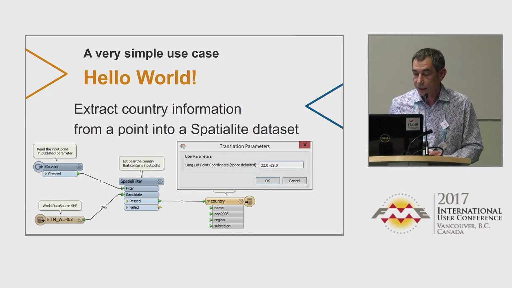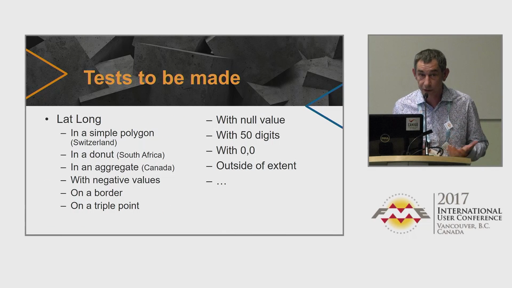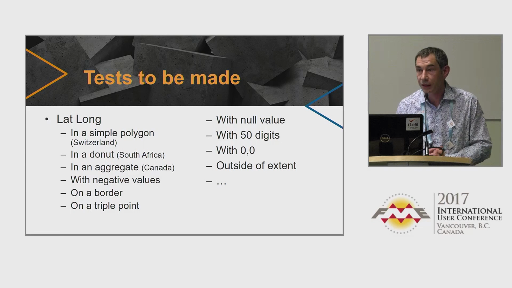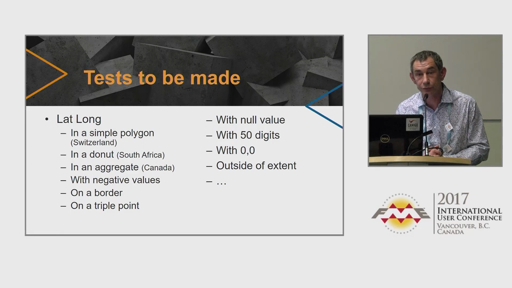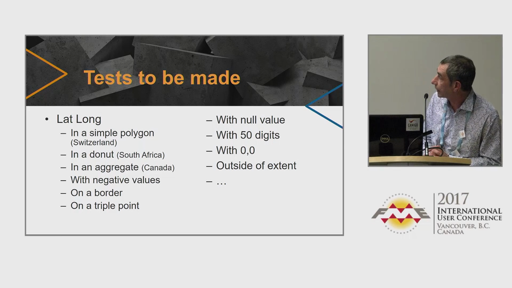So even for such a very, very simple workspace, you have a lot of tests to do if you want to be sure to have the correct result in any case.